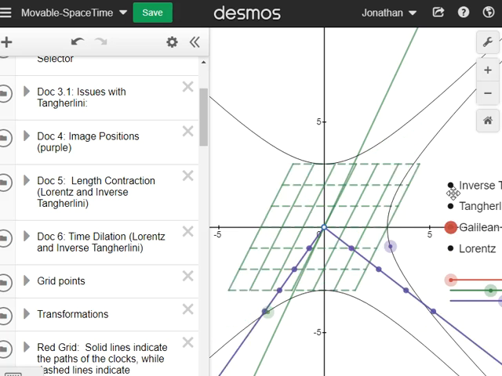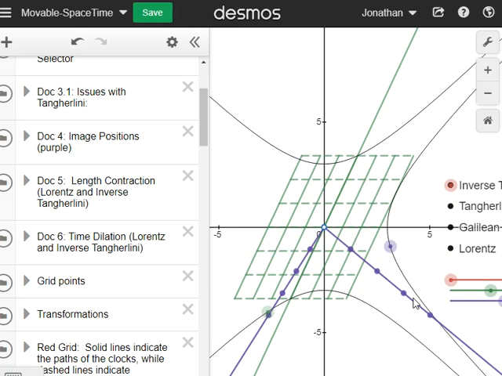With the inverse Tangerlini transformations, you're not seeing the same speed of light, and so that's not physically what people observe. We don't see a change in the speed of light. So I would probably throw out the inverse Tangerlini transformations on the account that we do not observe changes in the speed of light.